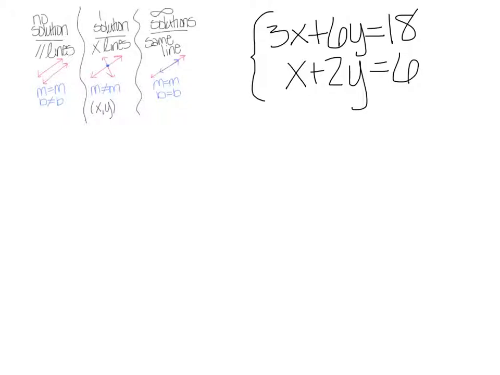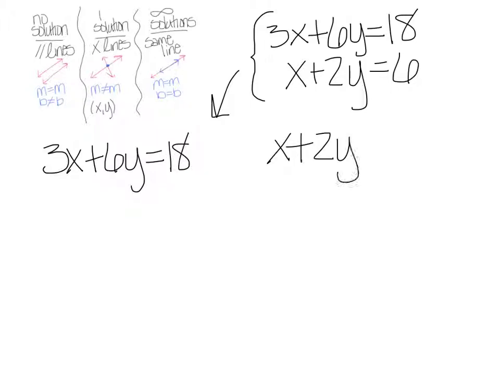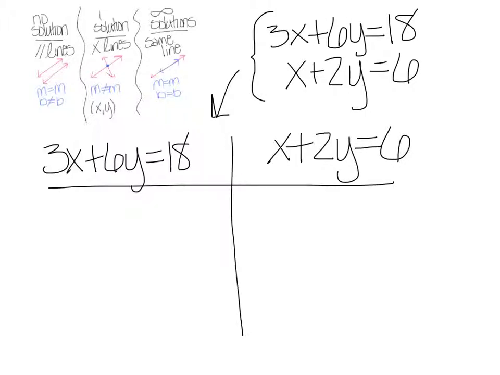I think the easiest approach at this point is to simply put both equations in y equals mx plus b, because you can identify the slope and the y-intercept so easily in that format. So I'm going to take this system and break it up so that I can work the two problems side by side. I have the 3x plus 6y equals 18 over here on the left, and the x plus 2y equals 6 over here on the right. And I'm just going to make a little t-chart so I can work them side by side and see what's going to happen.